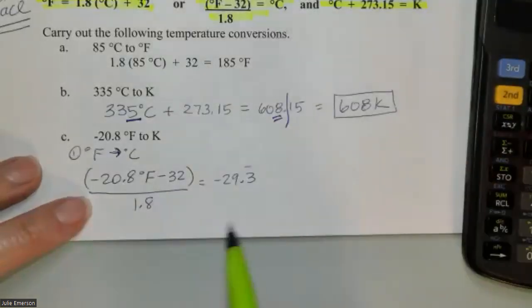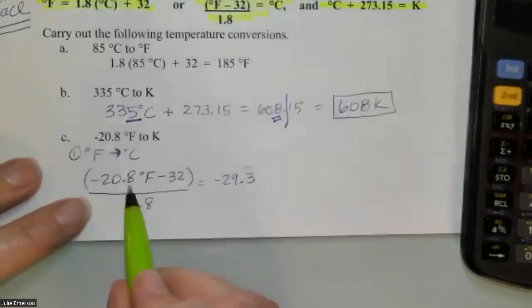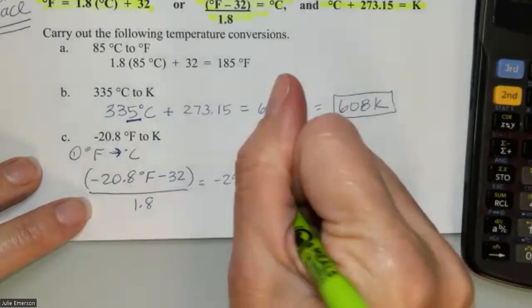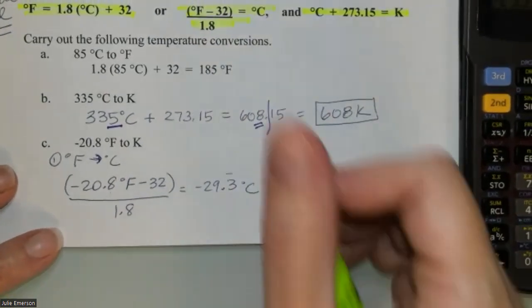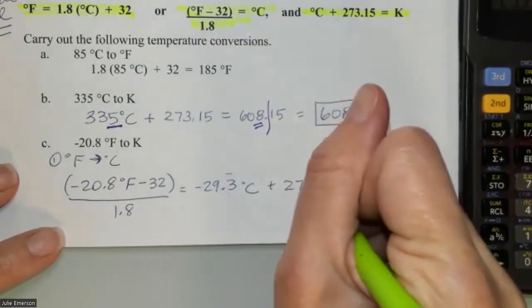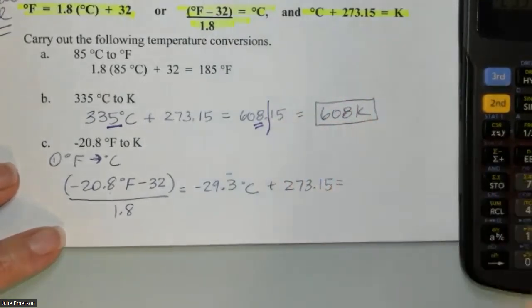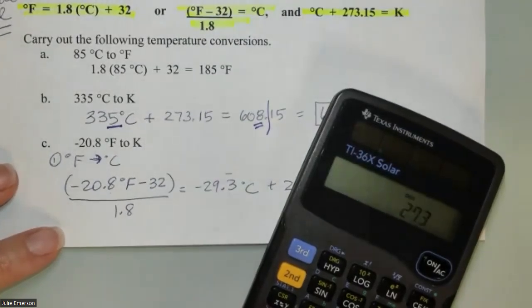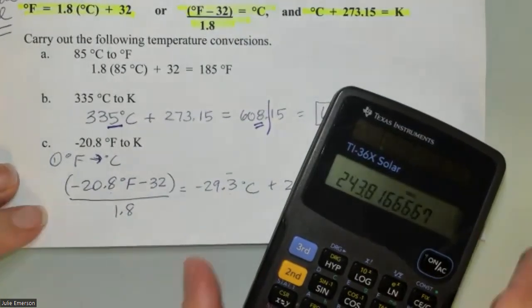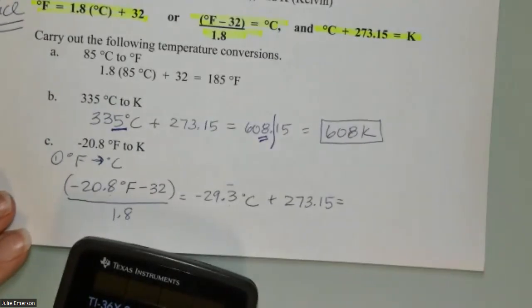Okay. Now follow your decimal place. 1 decimal place, 1 decimal place. So there's my Celsius temperature to the ones place. Now to go to Kelvin, I'm going to add 273.15. The answer's still in there, so I'm just going to go ahead and pick up 273.15. Actually, let me type it in to be careful.